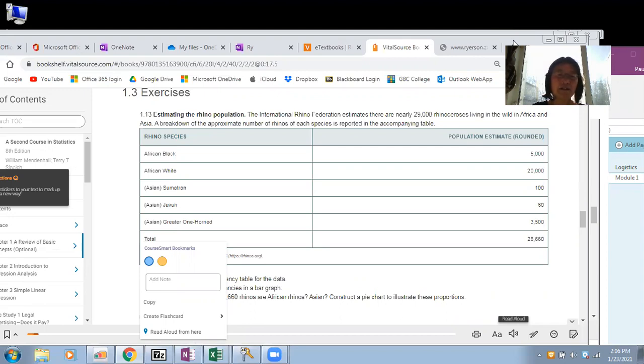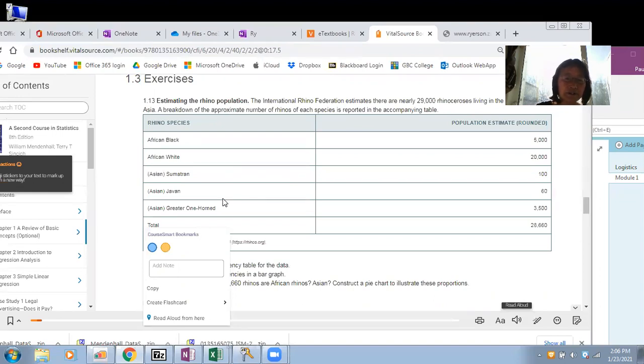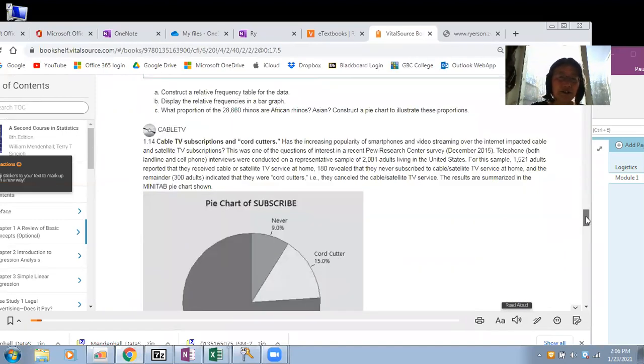A breakdown of the approximate number of rhinos of each species is reported in this table. Question A, construct a relative frequency table for the data. Question B, display relative frequency in a bar graph. Okay.